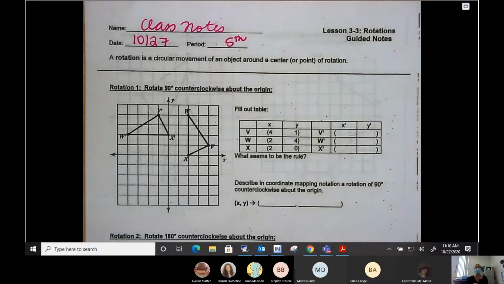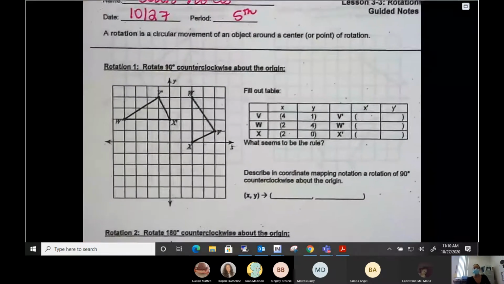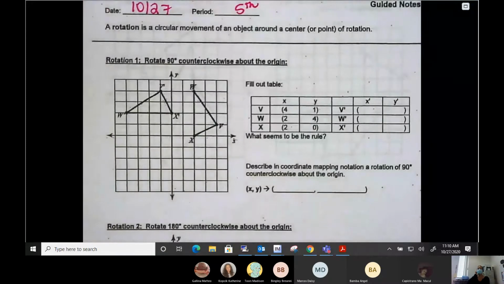All right, so a rotation is a circular movement of an object around the center or a point of rotation. In my first rotation here, it asks me to rotate 90 degrees counterclockwise about the origin. What is 90 degrees going to create? What kind of angle is 90 degrees? A right angle.